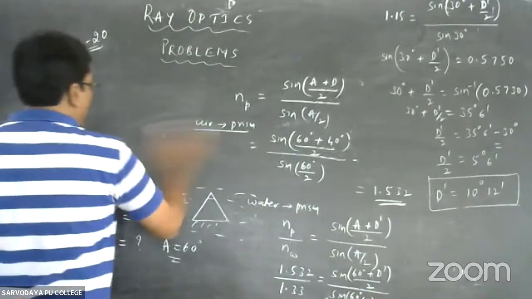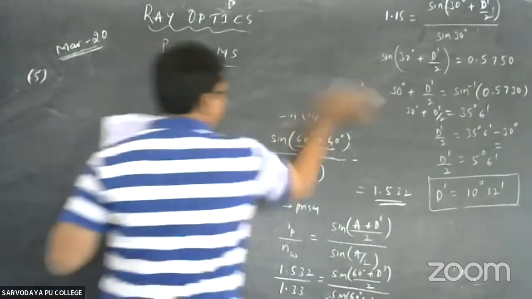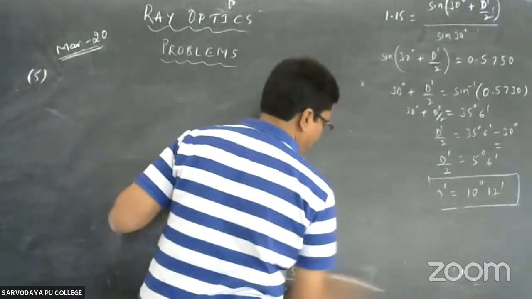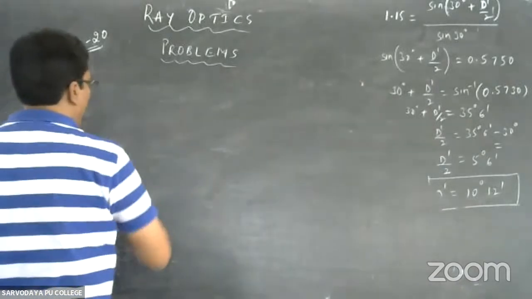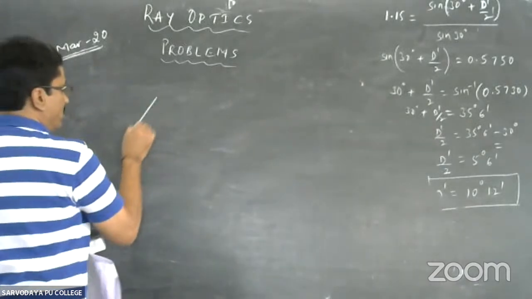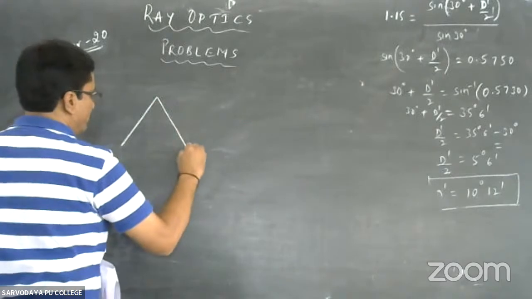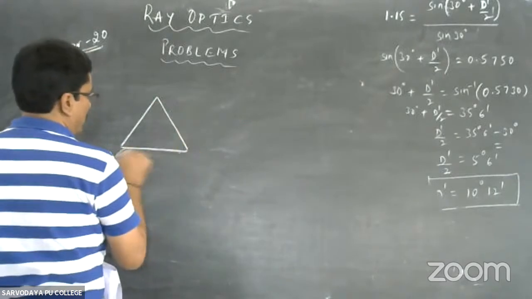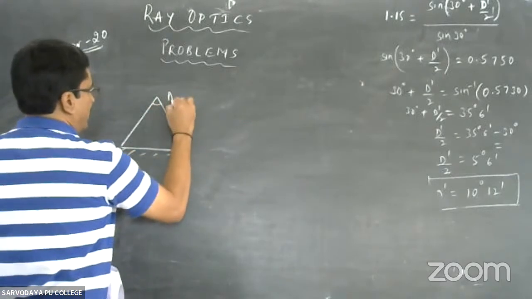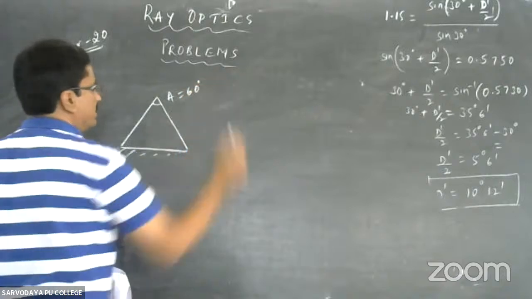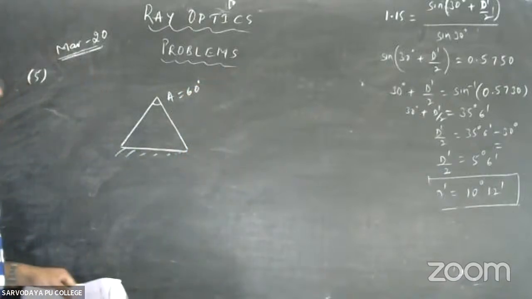But here, for working out this, first of all, let us consider the case where here is the prism and the angle is equal to 60 degree, angle of the prism.